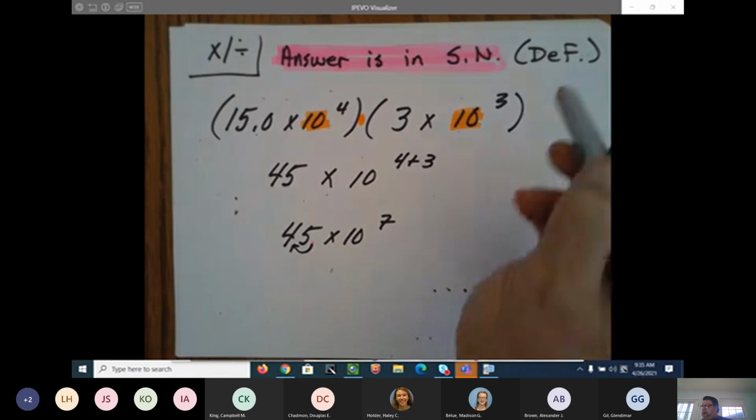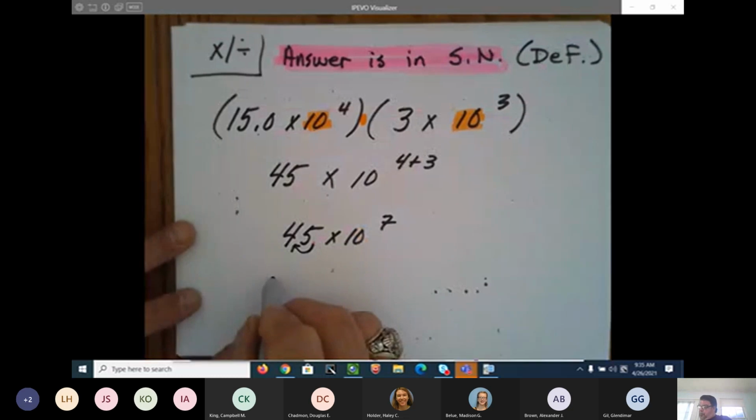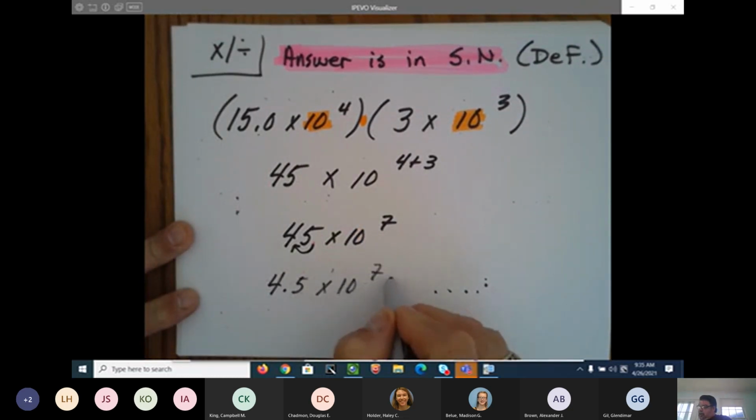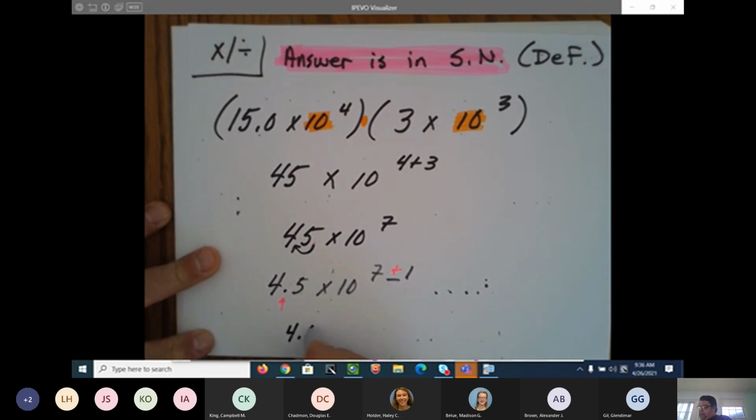Move it to where you've got the definition of scientific notation satisfied. 4.5 times 10 to the 7 blank 1. Now, which way do we mentally move this in our head to get back the way it was? To the right. And that is your final answer. 4.5 times 10 to the 8th power.